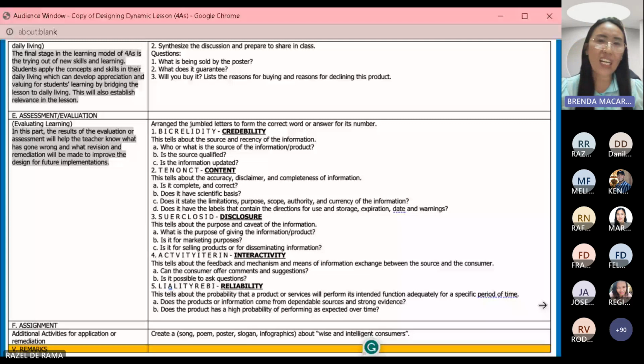So, dyan natin ilalagay kung magkakaroon ba ng continuation of the lesson plan to the following day, or letter B, in case na magkakaroon ba tayo ng reteaching dahil nga kinulang tayo sa time, or are we going to transfer to the following day in case of class suspension na hindi mo na ituro to, tapos may note ka doon, so may remarks ka, it will be taught on the following day kasi nga nagkaroon ng class suspension. So, yun yung mga ilalagay natin sa remarks.